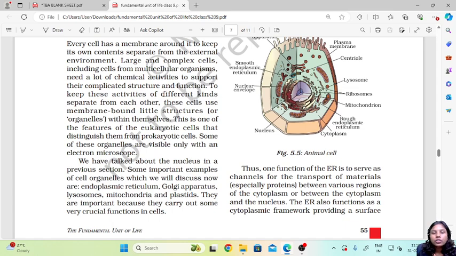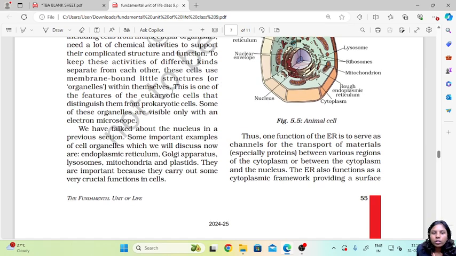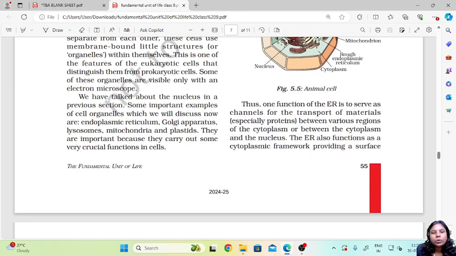To keep these activities of different kinds separate from each other, these cells use membrane-bound little structures, or organelles. This is one of the features of eukaryotic cells that distinguishes them from prokaryotic cells. Some of these organelles are visible only with an electron microscope. That is, they are very tiny, and for them you need an electron microscope.